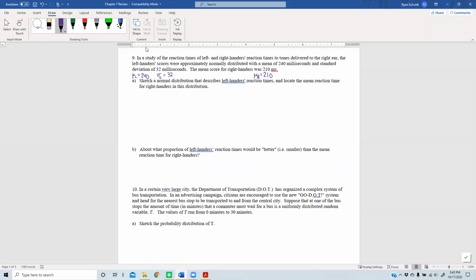Sketch a normal distribution that describes left-handers' reaction times and locate the mean reaction time for the right-handers. So again, we've got to draw a standard normal.